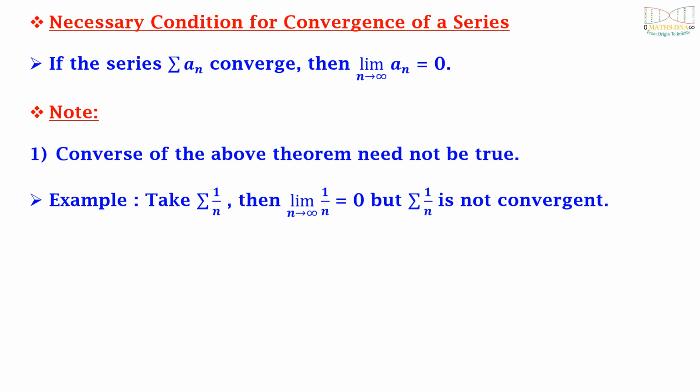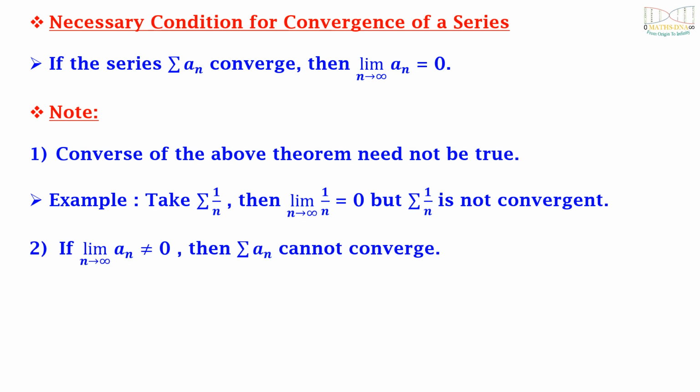Then limit n tends to infinity 1 by n is equal to 0, but summation 1 by n is not convergent. This is a very important example. We also need to note that if limit n tends to infinity a_n is not equal to 0, then summation a_n cannot converge. Now let us discuss some examples and understand the concepts more clearly.